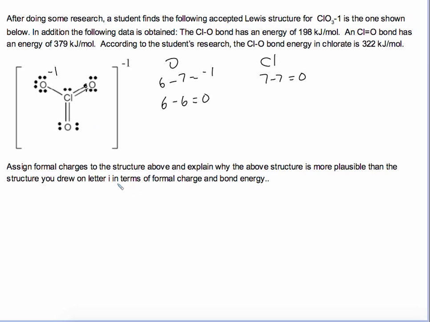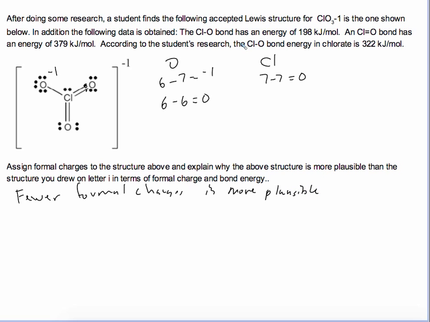Like, that means it's more likely than the one that we drew on the other one. Basically, a structure with fewer formal charges is more plausible than one with more formal charges. So fewer formal charges is more plausible.